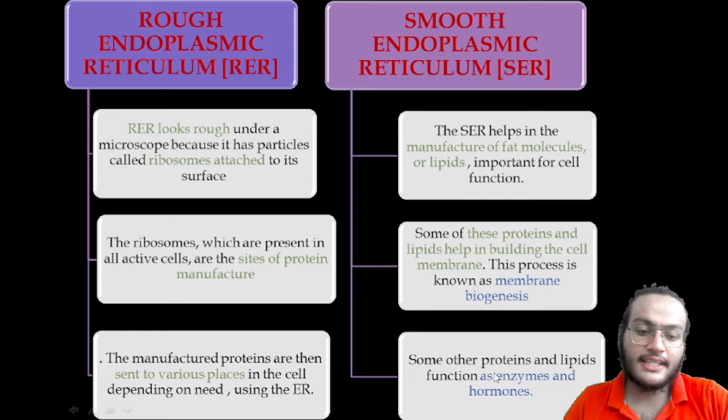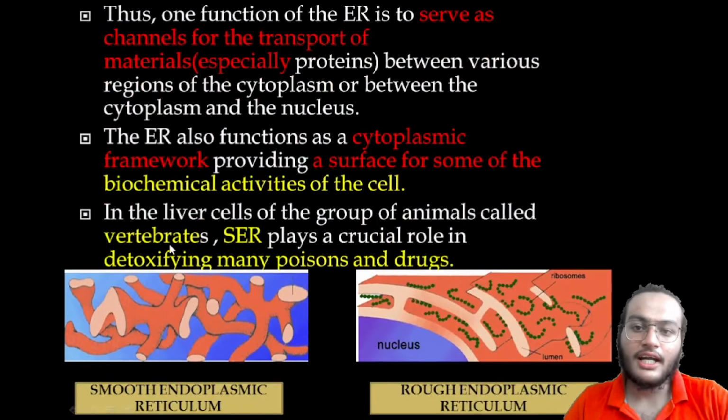Some other proteins and lipids function as enzymes and hormones. Another function of ER is that it serves as a channel to transport different materials, like proteins which they make, between various regions of the cytoplasm or from the cytoplasm to the nucleus.